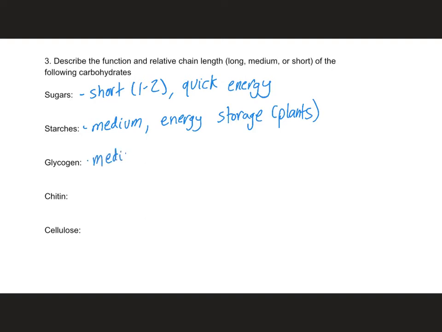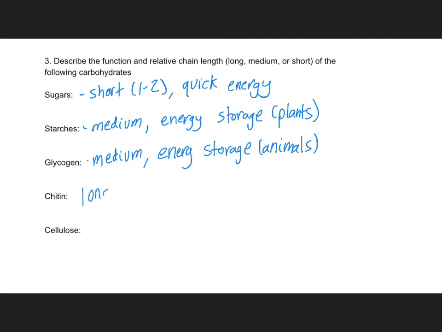Glycogen, also medium chain. This is energy storage for animals. So found in the liver and muscle tissue. If you're burning off all of the blood sugar, the quick energy you have in your blood, then this glycogen can be broken down into more sugar for you to have for energy.